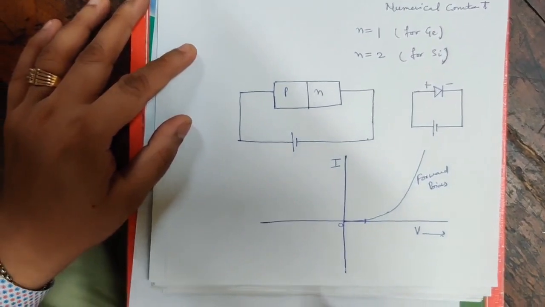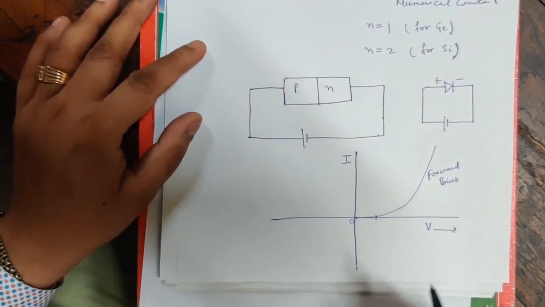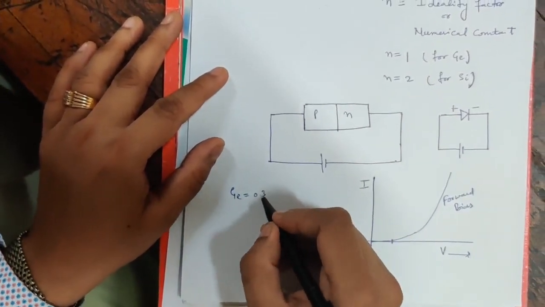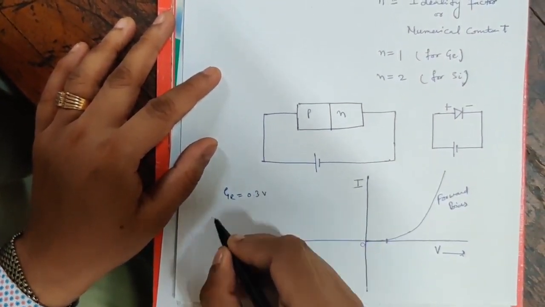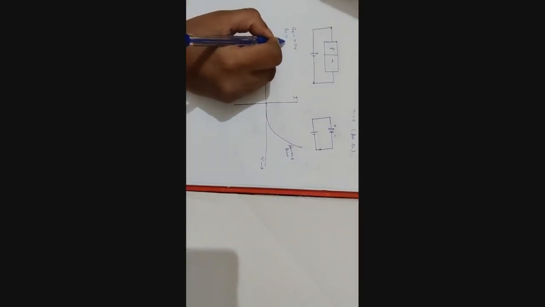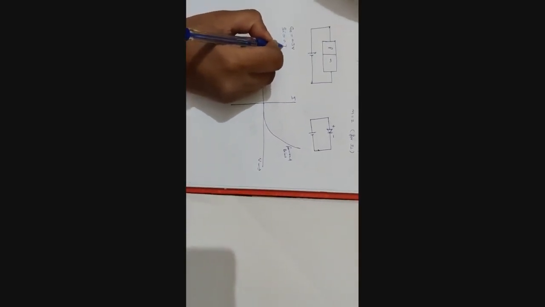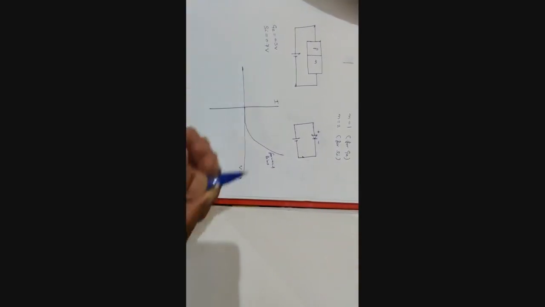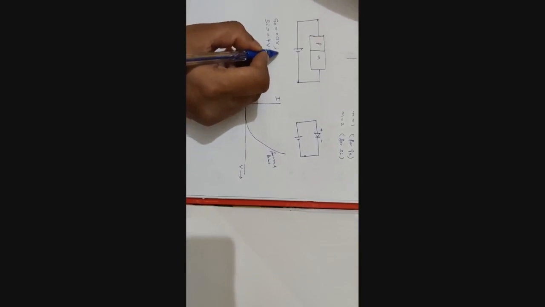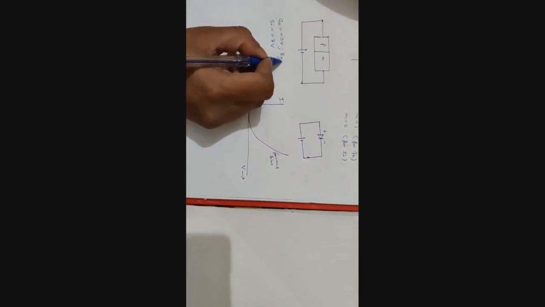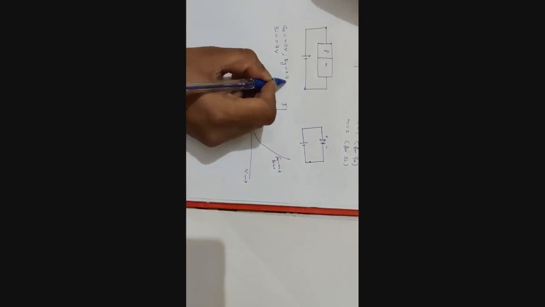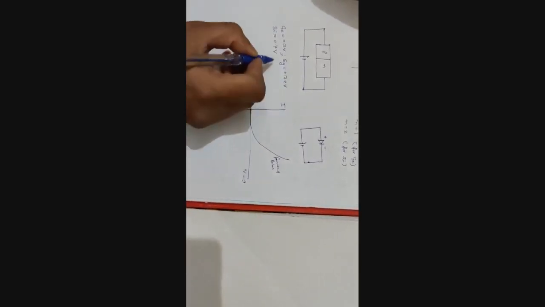and you must know the operating voltage for germanium and silicon. For germanium the operating voltage is about 0.3 volt. For silicon it is about 0.7 volt, right? Similarly, the energy gap for germanium is 0.7 electron volt, right?